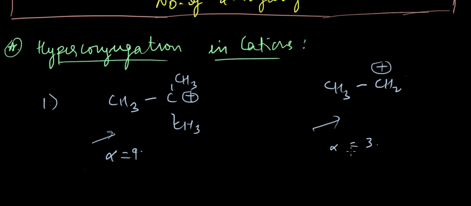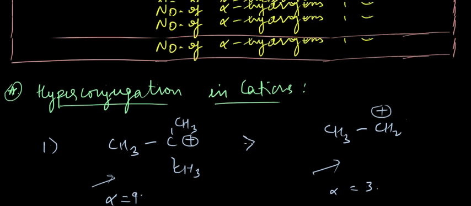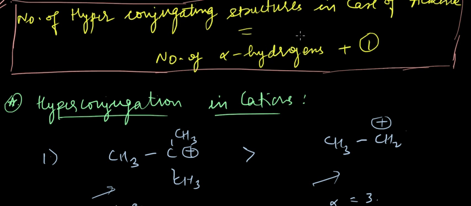So the more the number of alpha hydrogens, the more the number of resonating structures, and the more the stability of this cation. So in case of cations, the number of hyperconjugating structures is just equal to the number of alpha hydrogens, unlike in the alkene case, which was the number of alpha hydrogens plus 1.